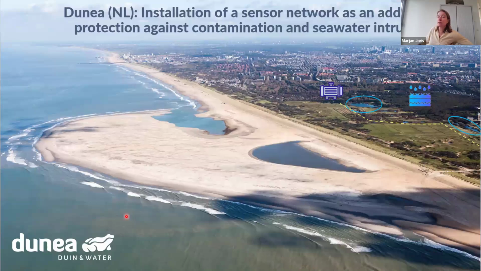Besides that, there was also a kind of landfill present, as you can see over here, in the dunes, where there was a possibility that contamination was present. And also with the installation of the sand motor, the hydrogeology inland changed and there was a need for better monitoring of the groundwater flow on site.